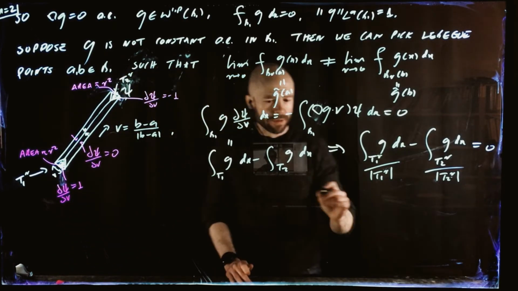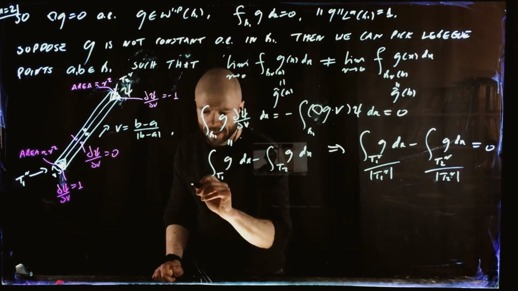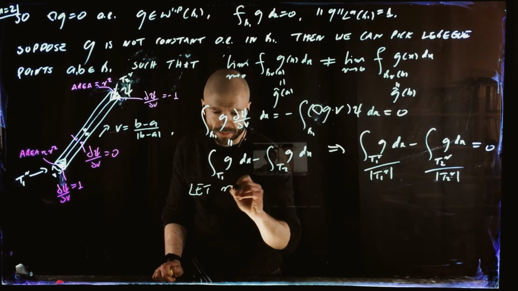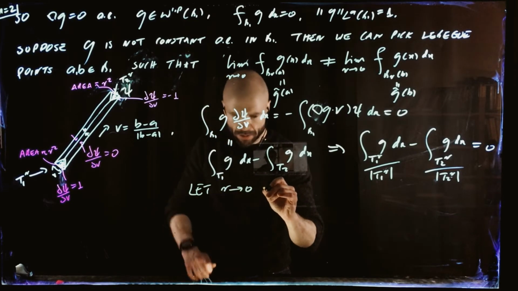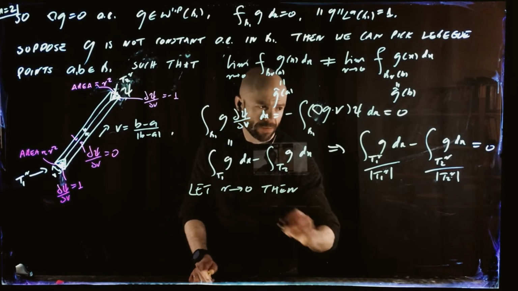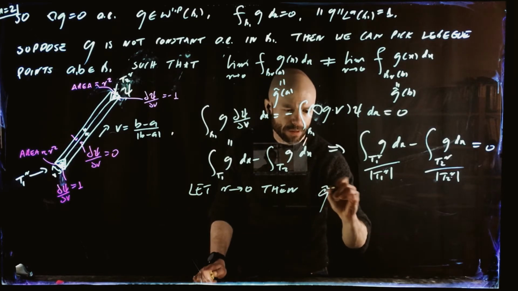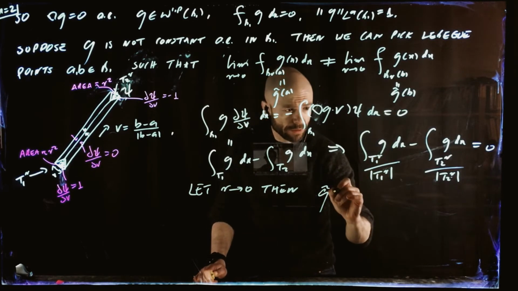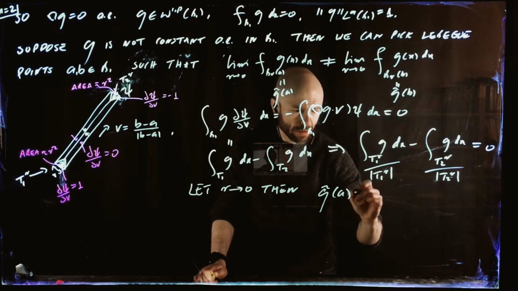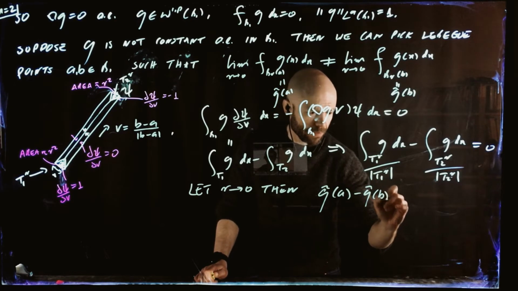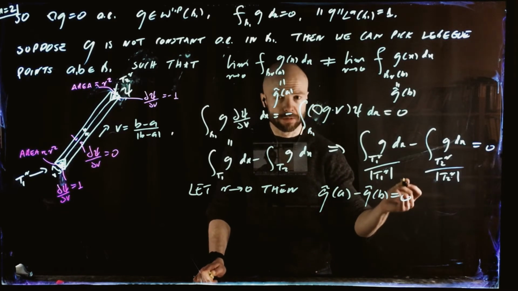Then as we let r go to 0, this thing will tend to g tilde of A minus g tilde of B, which is equal to 0, contradiction.